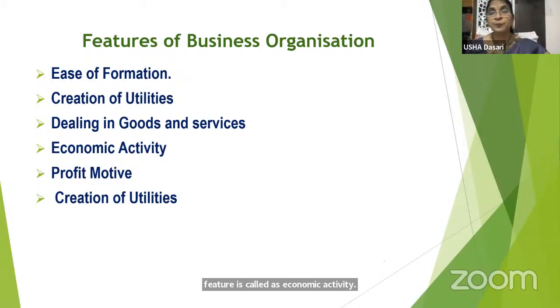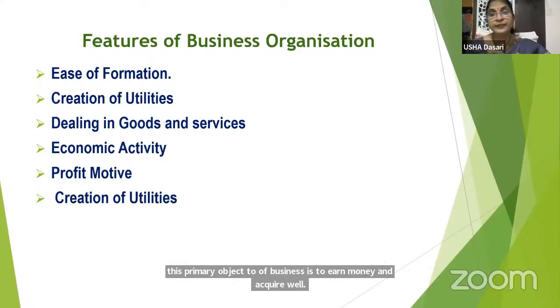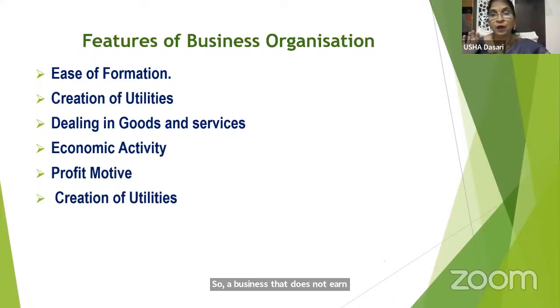Lastly, profit motive. Profit motive is the most important feature, or the main objective, of any type of business that you start. It is the incentive for every business to strive to maximize profits. The primary objective of business is to earn money and acquire wealth. A business that does not earn profit cannot survive for a long period.